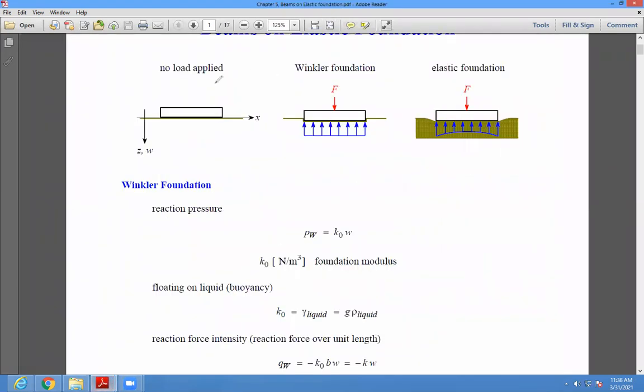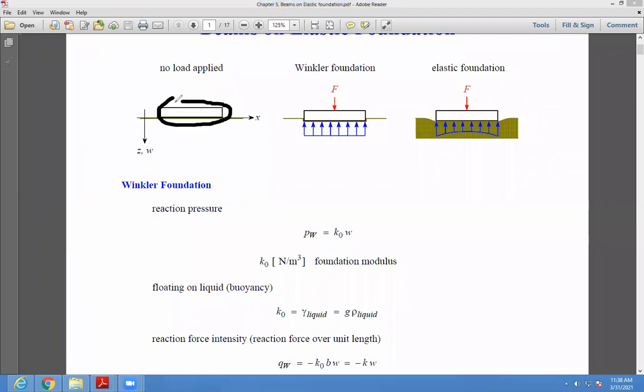You can see here, this is the beam. Then the x-axis, z-axis, and W is nothing but the pressure which is acting. And this is a Winkler foundation. A concentrated load is acting on the beam, so pressure is exerted on the foundation from the soil which is below the foundation.